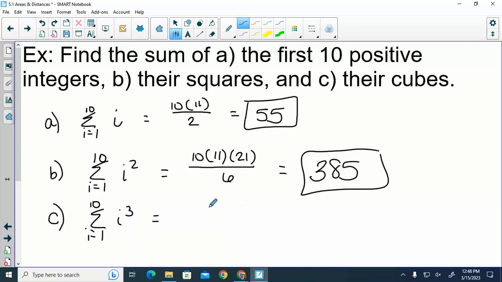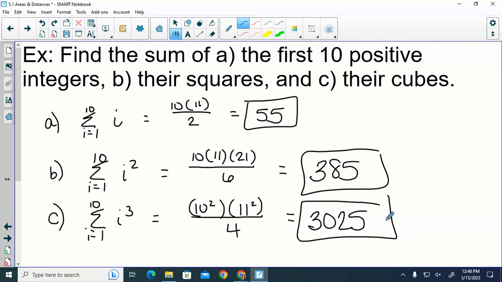So the cube formula is n squared, so 10 squared, times n plus 1 squared, so times 11 squared, divided by 4. What do you get? I got 30.25.